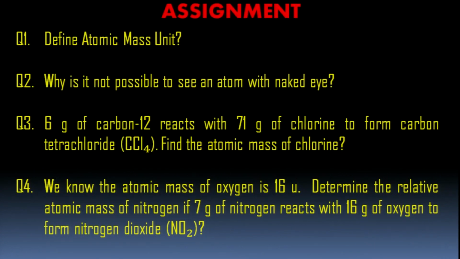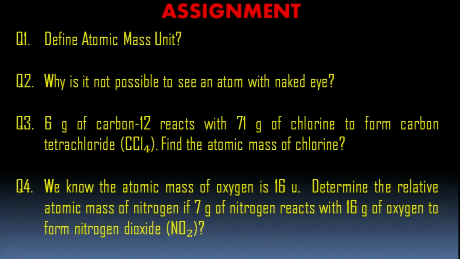Then comes the final part of this, that is the assignment. Children, what all we have discussed, you can use those to write the answers for these questions. Please note it down, children. Define atomic mass unit. You know it. Why is it not possible to see an atom with the naked eye? We have discussed. Third question. 6 grams of carbon-12 reacts with 71 grams of chlorine to form carbon tetrachloride, that is CCl4.